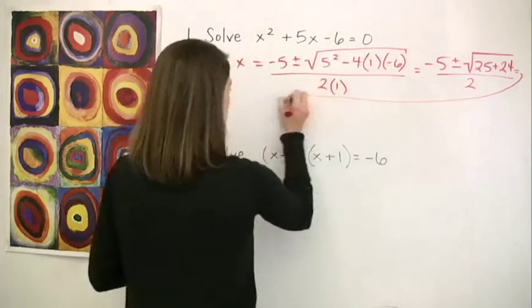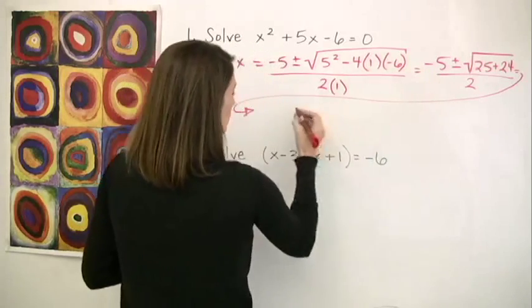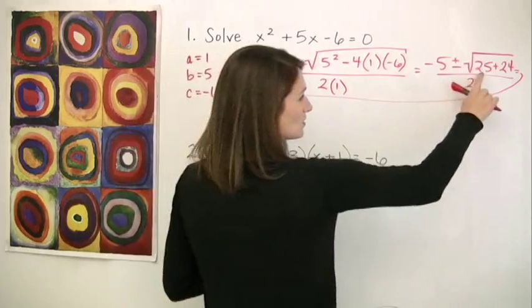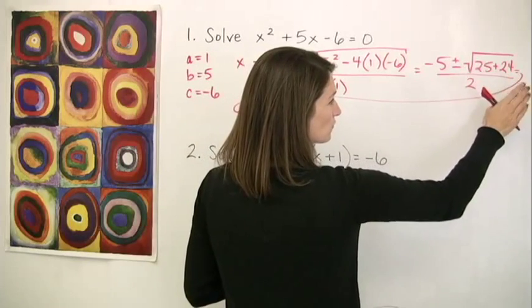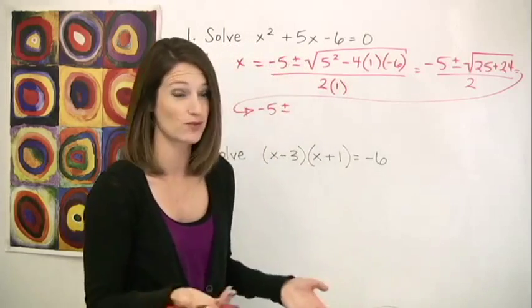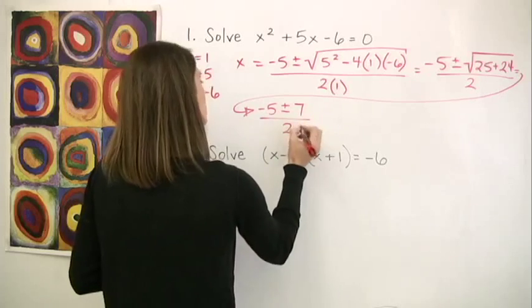So let me bring this down here. So then simplifying this further, we have negative 5 plus or minus 25 plus 24 is 49, and we'll take the square root of that. So the square root of 49, that's a perfect square, gives us 7, and that's over 2.